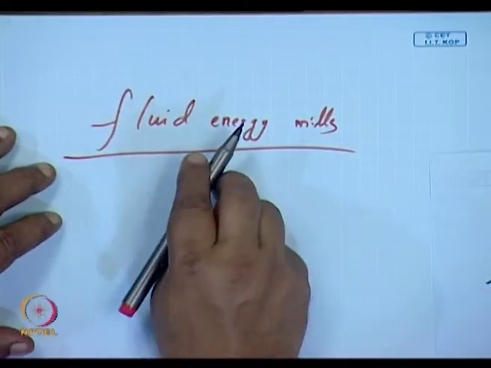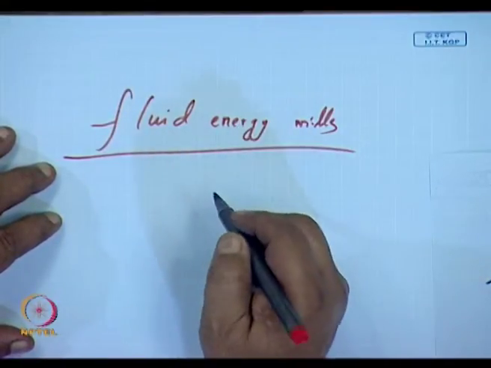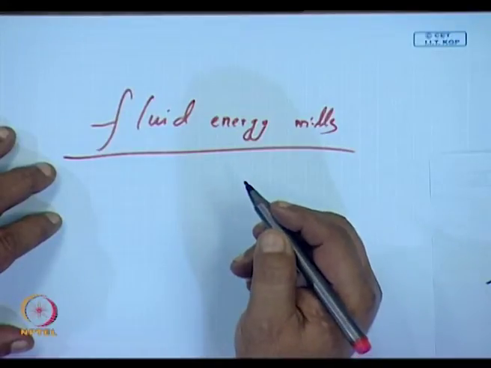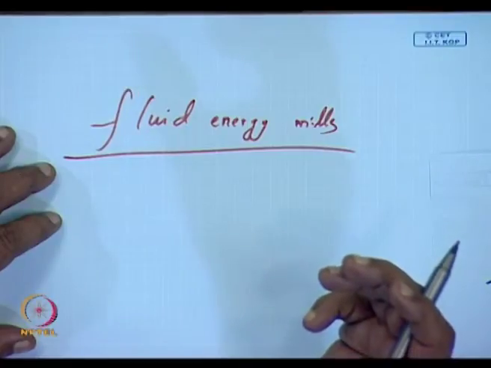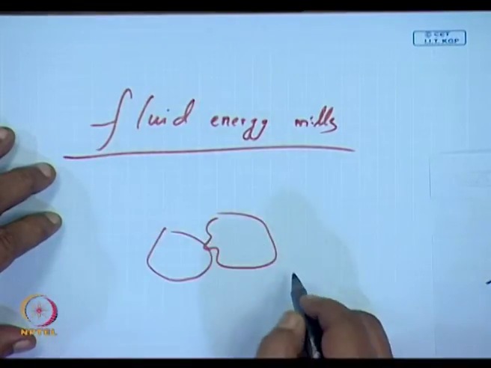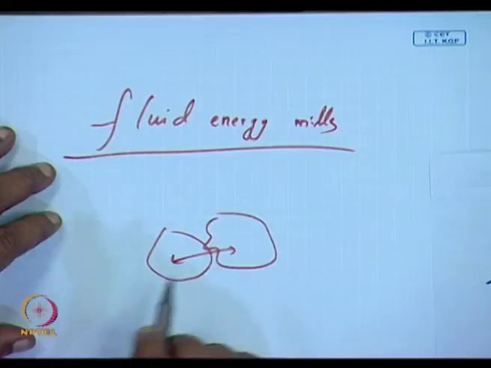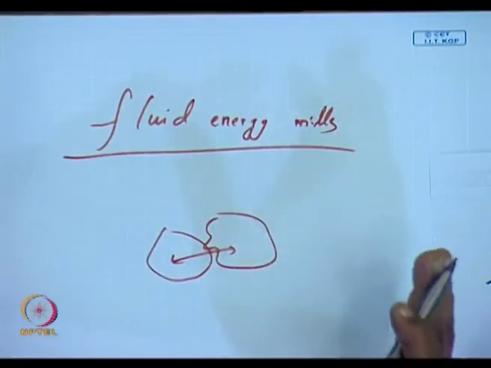What are they? Here a very simple example would be, if I could impact the powders with the powders, so that it is a ceramic grain which is hitting against a ceramic grain and crushing each other. They are not hitting the walls of the vessel. There are no balls, no arms to crush them, but we are forcing the powders to impact with each other and crush each other.